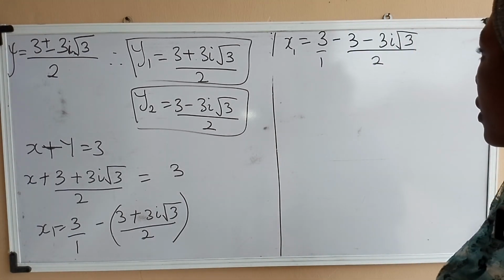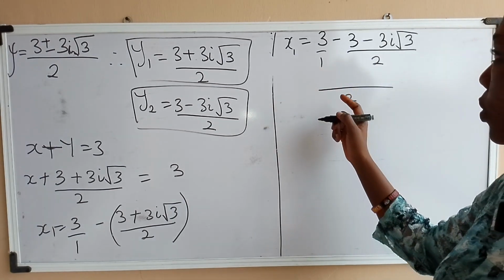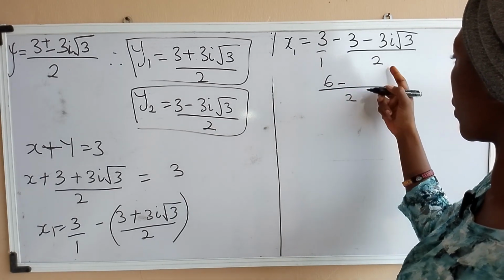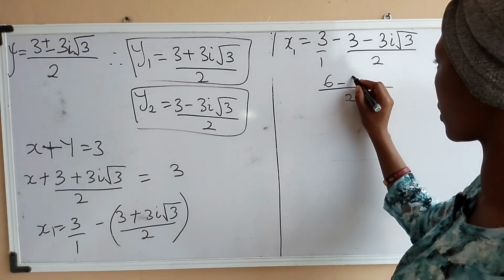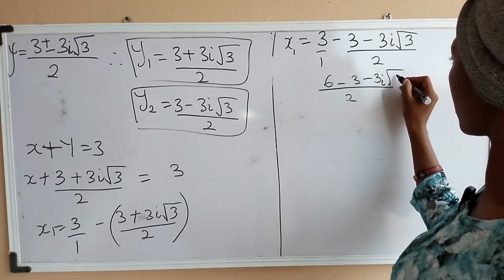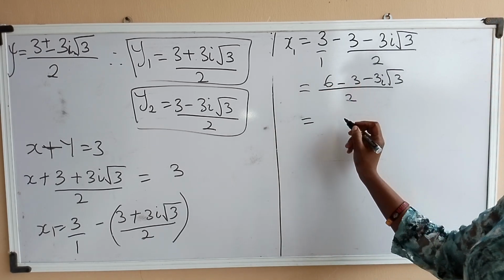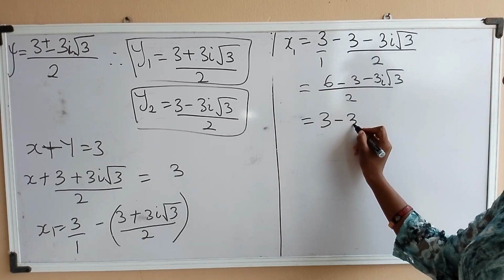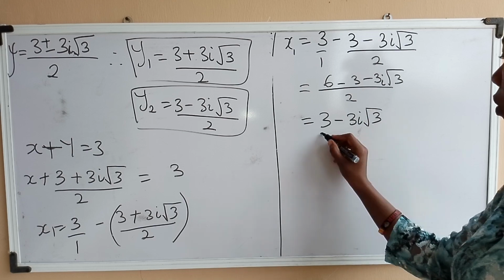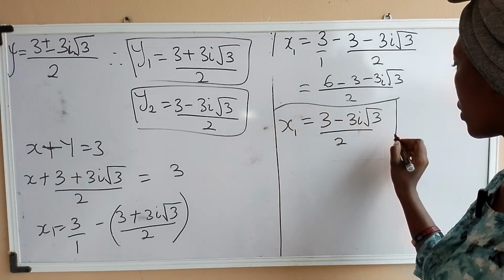Let's check. We're going to find the LCM, which is 2. 1 in 2 is 2, gives us 6 here, minus 2 in 2 is 1, all of this, i root 3. So when we simplify this, 6 minus 3 gives us 3 minus 3i root 3 all over 2 as x1. So this is the value for x1.